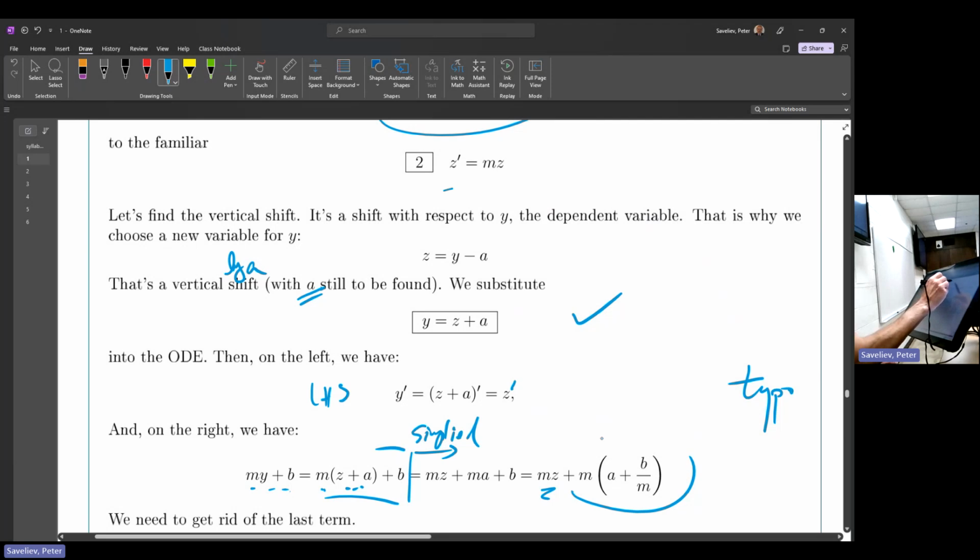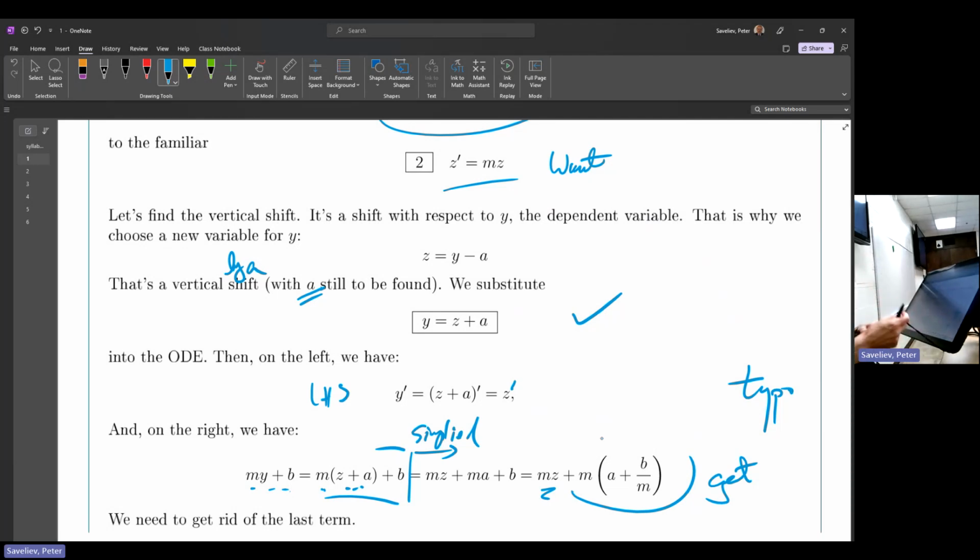So remember, this is what I want. And what I get is this, which looks more complicated. Okay, so I want to have mz, and I got mz plus some business. So any suggestions of how we proceed from this point?